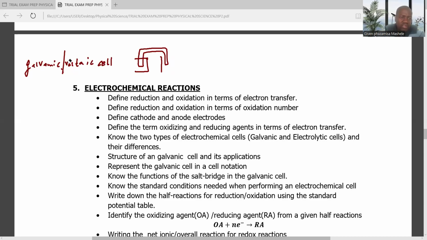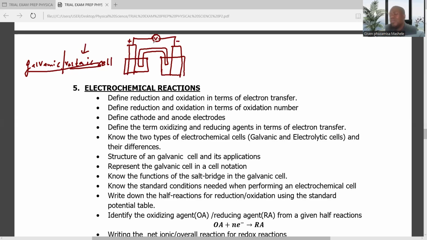Then within this, we have the electrodes, which are inserted in each cell. One of the electrodes is positive and the other one is negative. And within this, there is a voltmeter. So this is an example of a galvanic cell or a voltaic cell.